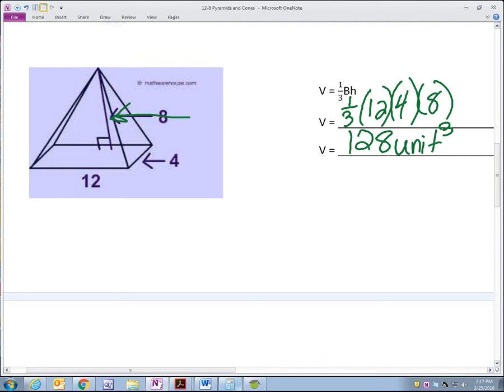This measurement is linear. Squared, because it's 2-dimensional. Cubed, because it's 3-dimensional. That's why it's cubed. So we have linear. That's going to be like on a number line how far away it is. This one here is going to be 2-dimensional because it is a plane. This one here is going to be 3-dimensional because you're multiplying 3 things.